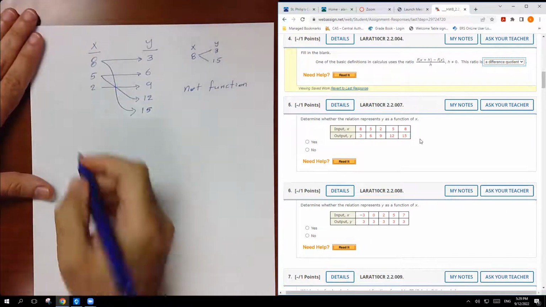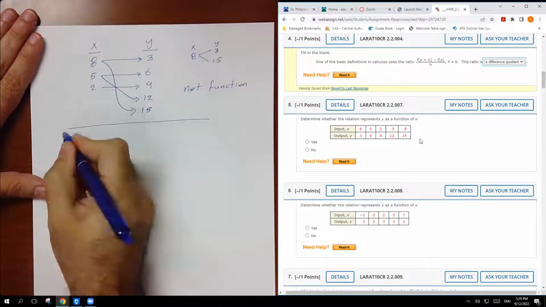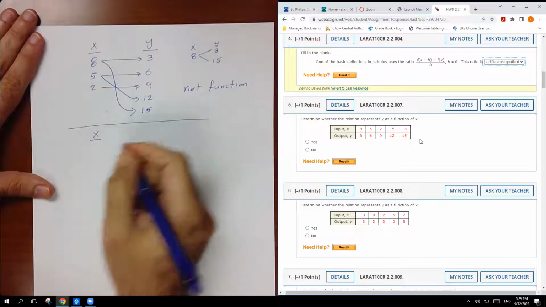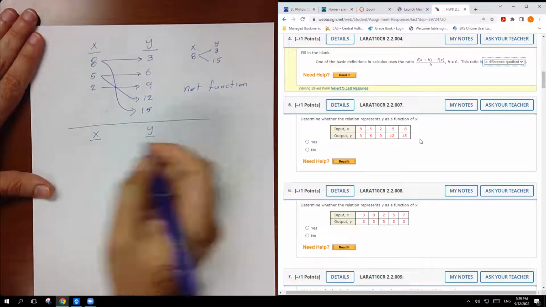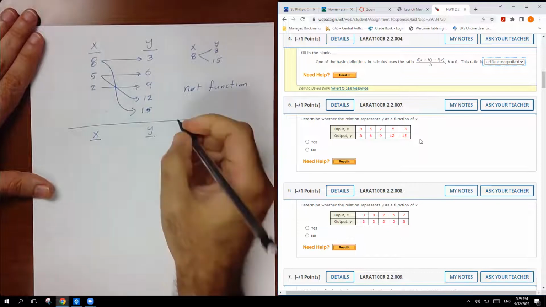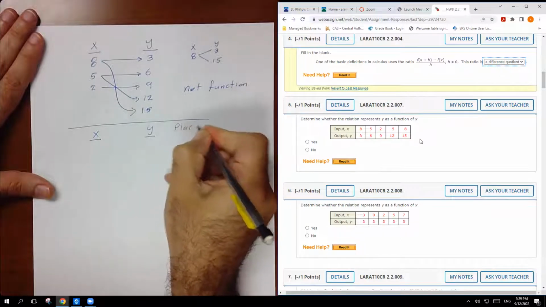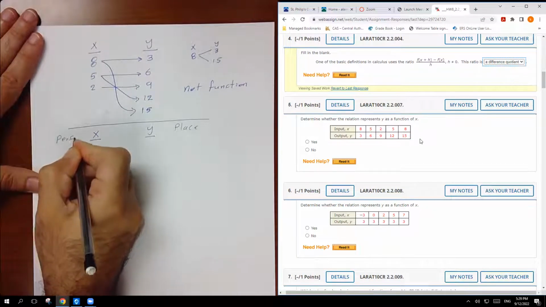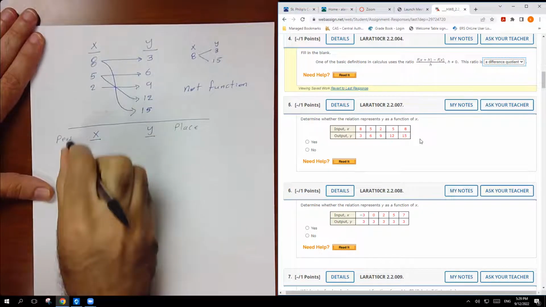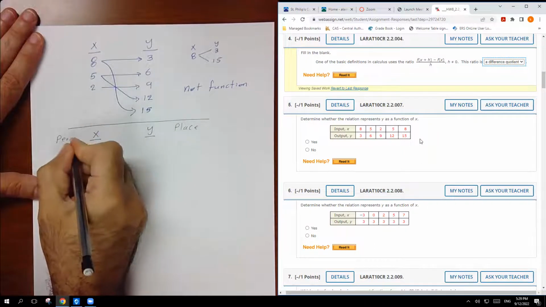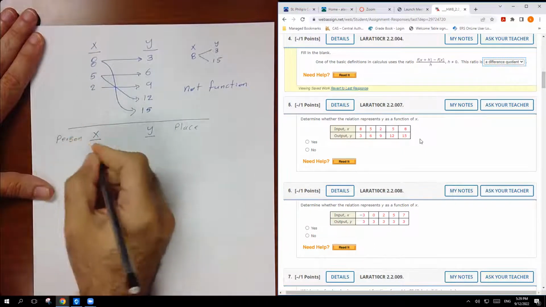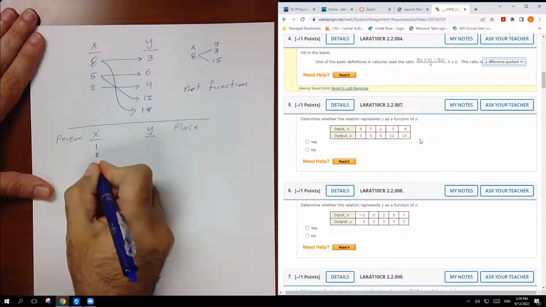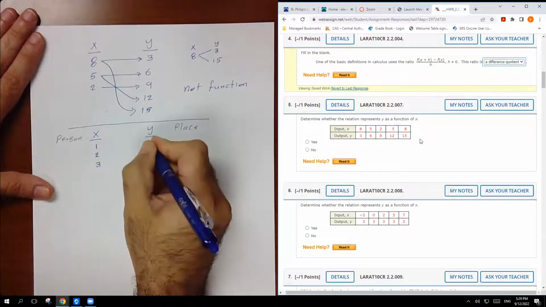Before we move to the next part, I'm going to make this one easier for you. Let's consider X is the person and Y is the place. So this one is the place and this one is the person. If you have person number 1, person number 2, and person number 3, how many places do we have?